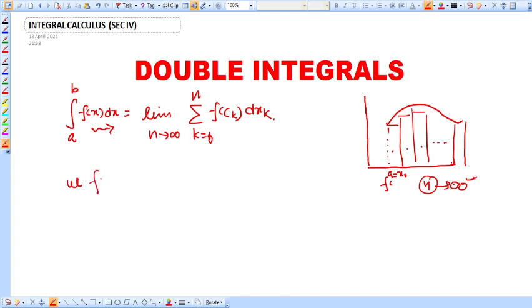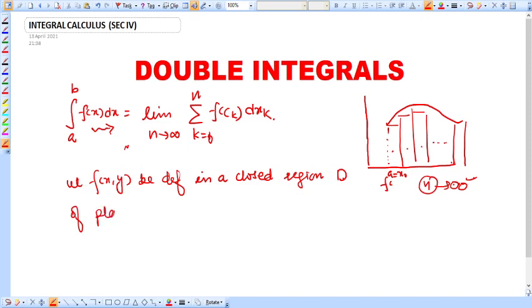Let f(x,y) be a function defined in a closed region, or you can call it a surface, closed region D of the plane xy.